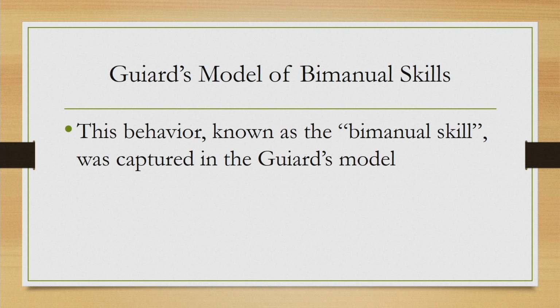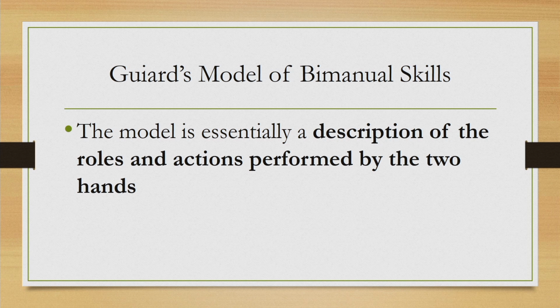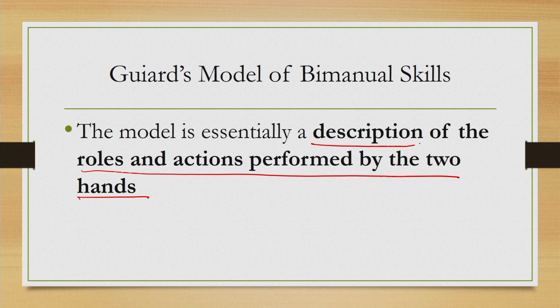Now, this behavior that our hands perform different roles and perform different tasks during execution of some activity is known as the bimanual skill, which is captured in this particular model by Guyard. So, just to repeat again, here it is essentially a description of the roles and actions performed by the two hands. Since it is only a description of these things, we are calling it a descriptive model.